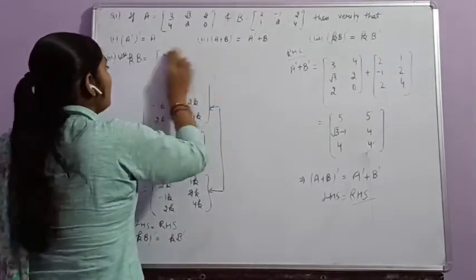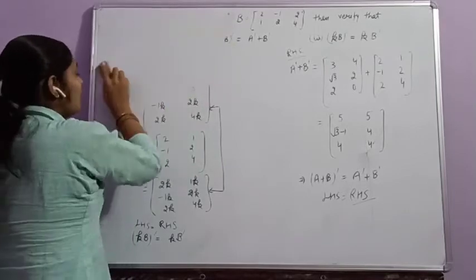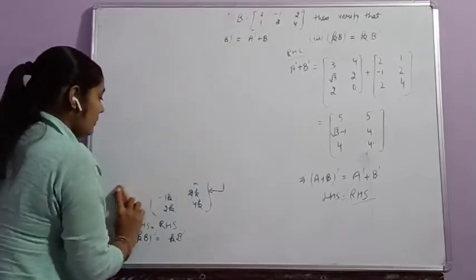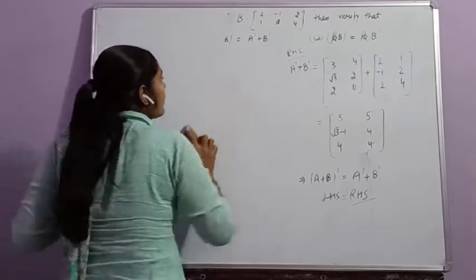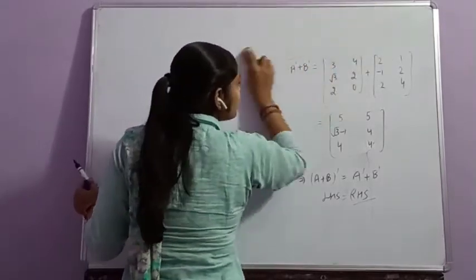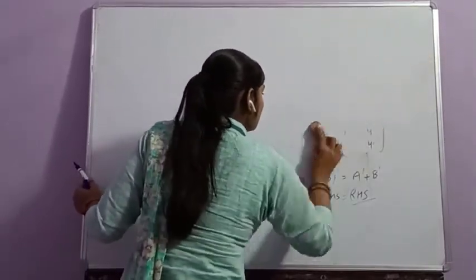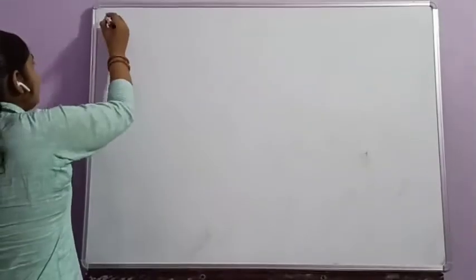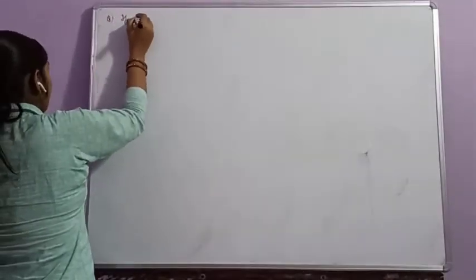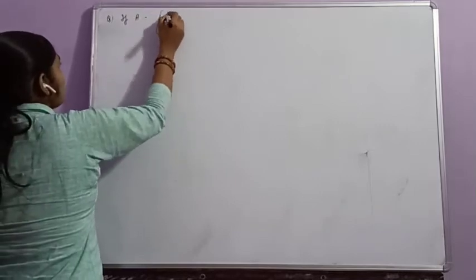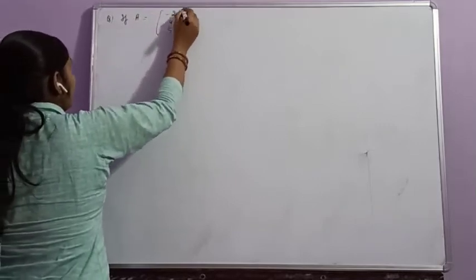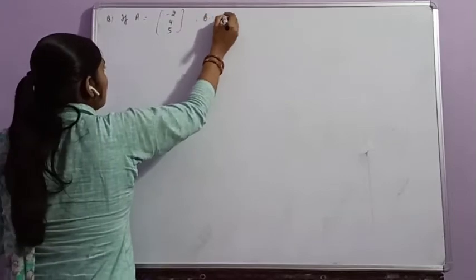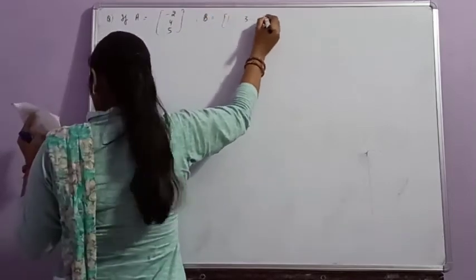Now for the fourth property, next example is, if A is equal to [-2, 4, 5] and B matrix is equal to [1, 3, -6].